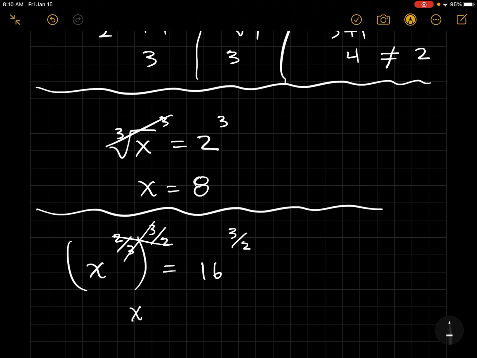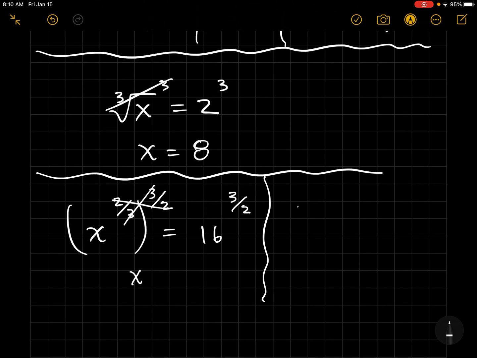But I'd like to caution you that you might want to put it in radical form first. For me, if I have x to the 2/3 power equals 16, it'd be better to rewrite that as the cube root of x squared. For me, that just works a little bit better.